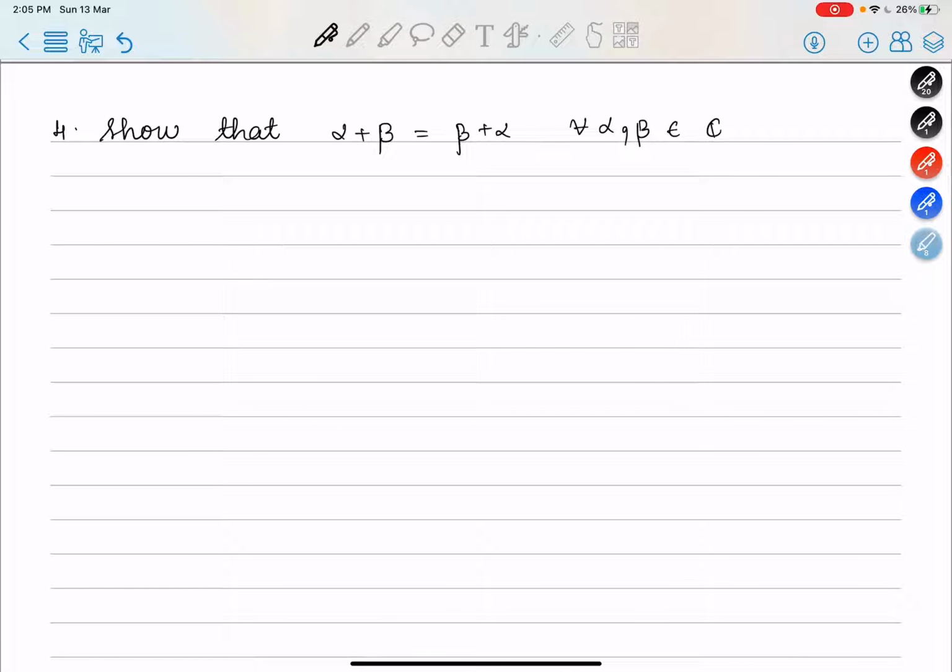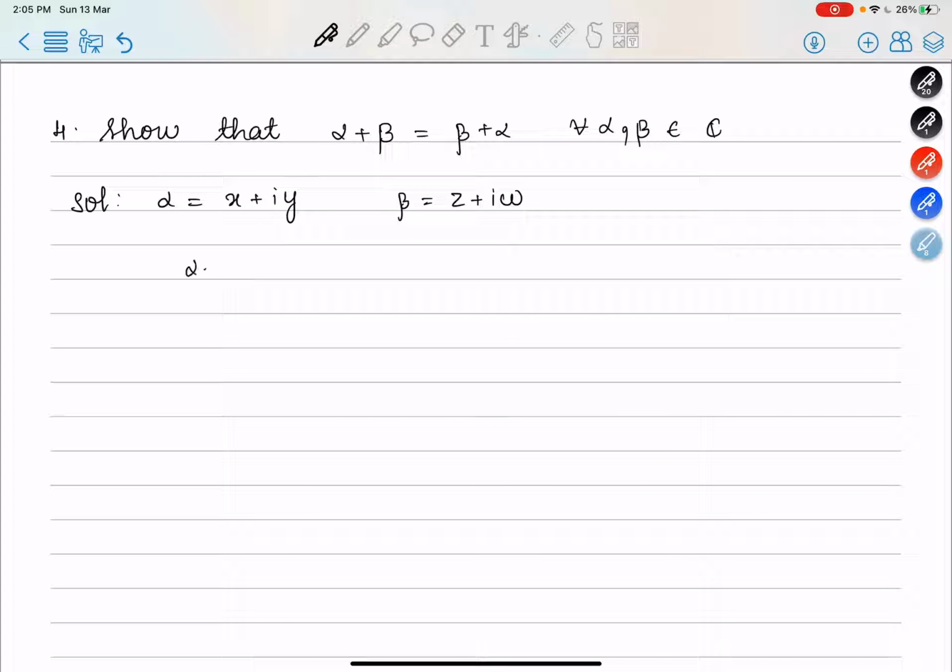Moving on, the fourth question says that show that alpha plus beta equals beta plus alpha, where alpha and beta belong to complex numbers. Because alpha and beta are complex numbers, what I'll try to do is write it in the standard form. Let alpha be x plus iy and beta be z plus iw.